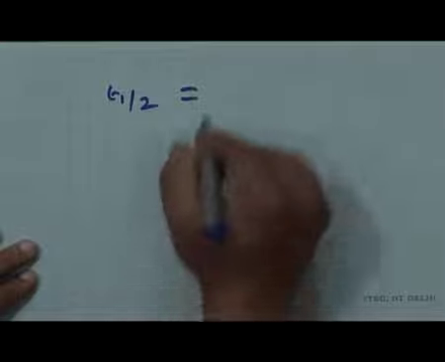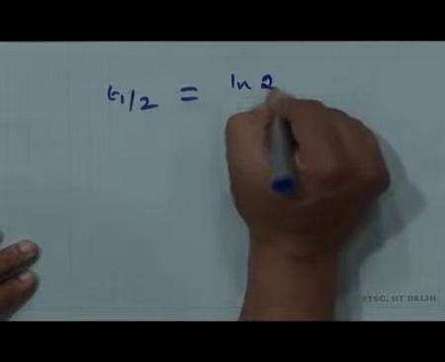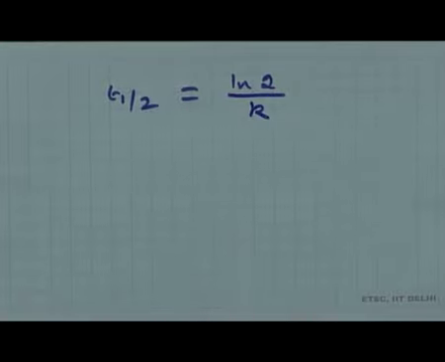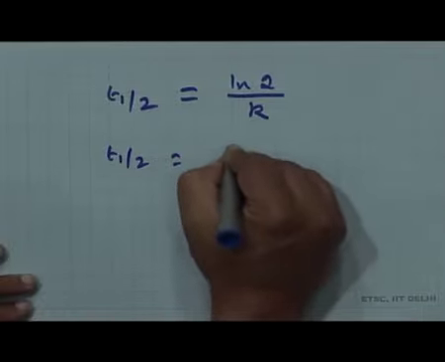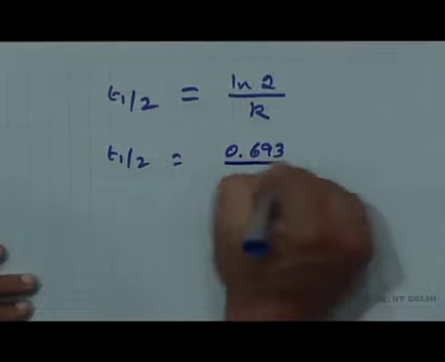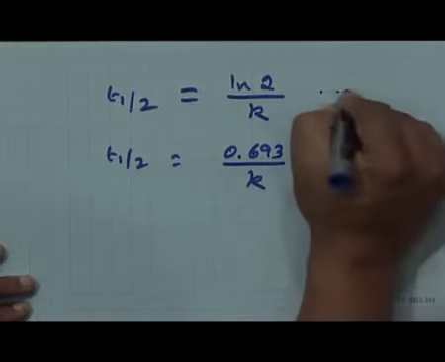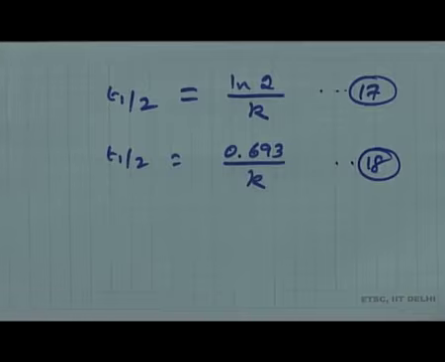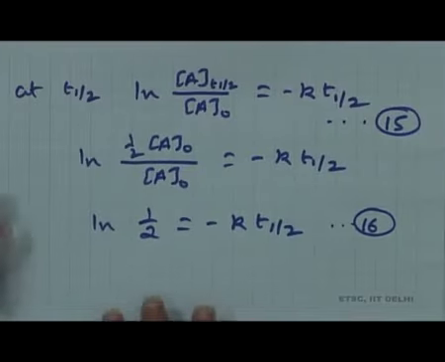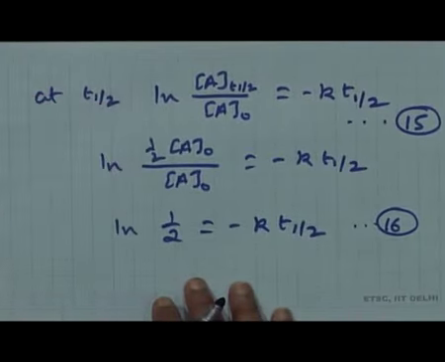I am sure you realize it is 2 over k, right, and this can also be written as what? T half is equal to 0.693 over k. So, this is equation 17, 18. So, this was the working equation for calculating T half.